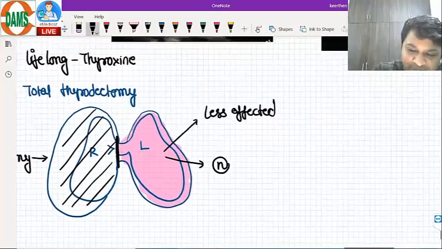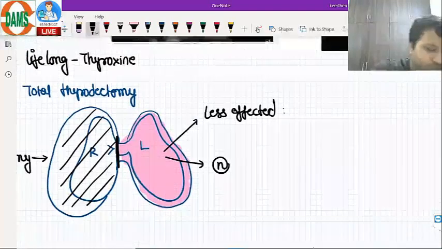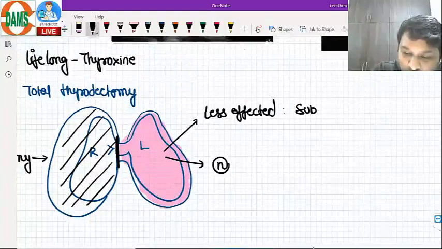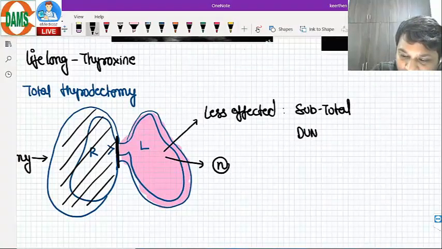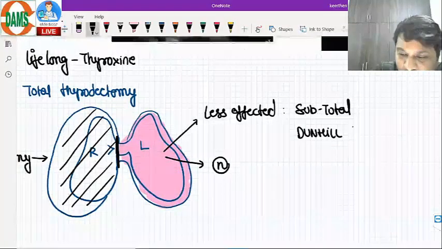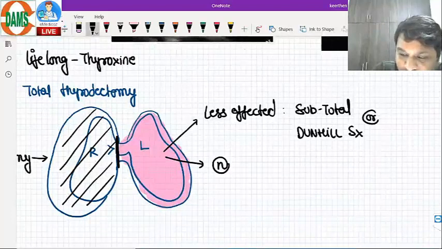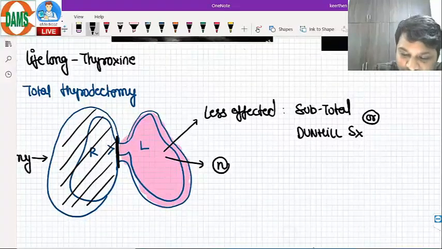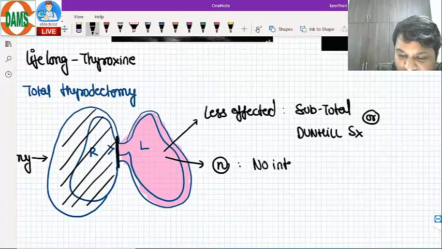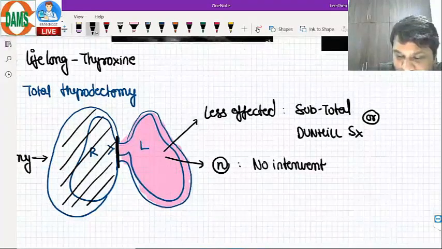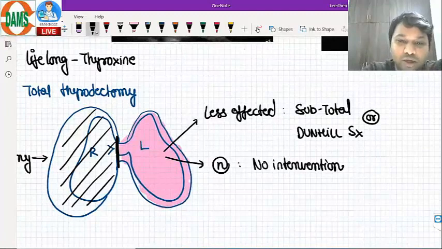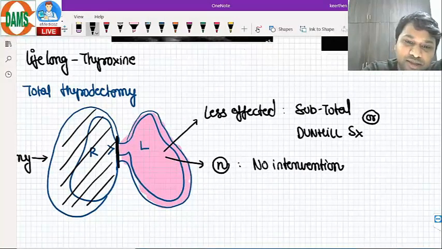If it is less affected, I would like to go for either a subtotal lobectomy or a Dunhill surgery. Both are acceptable. If it is normal, no intervention is required.